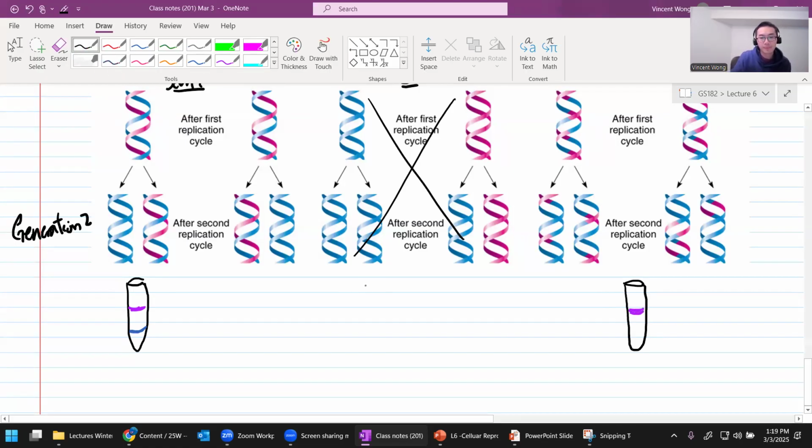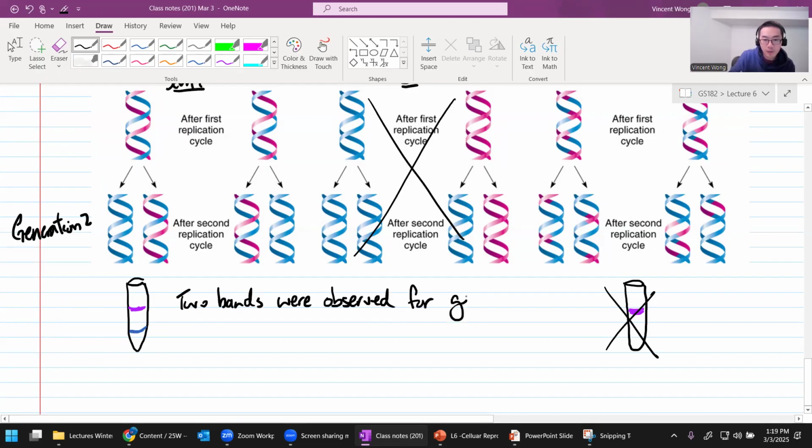Okay. So after the second part of the experiment, this was not observed, and they saw two bands. Okay, two bands were observed for generation 2.